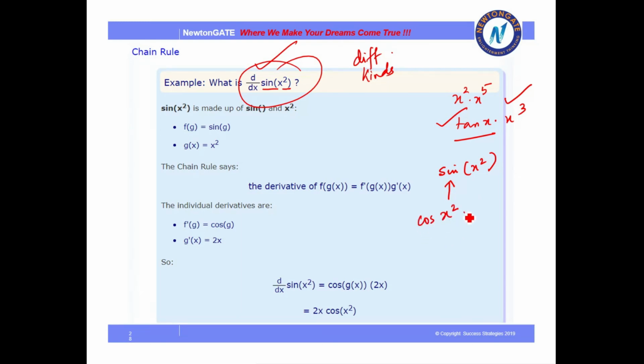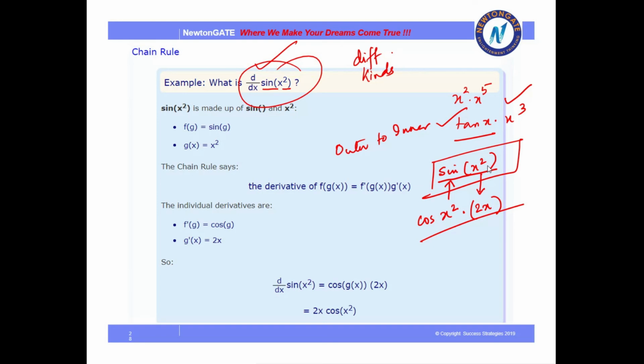Then sine totally is done, it is differentiated. Now we get to x square and we differentiate it. So this is our final answer. So always remember, always differentiate completely from outer to inner. First of all, differentiate the outer function entirely and then come to the other functions which are given inside.